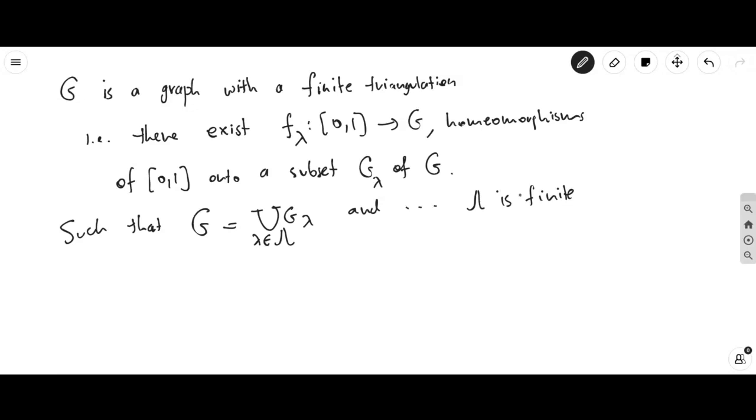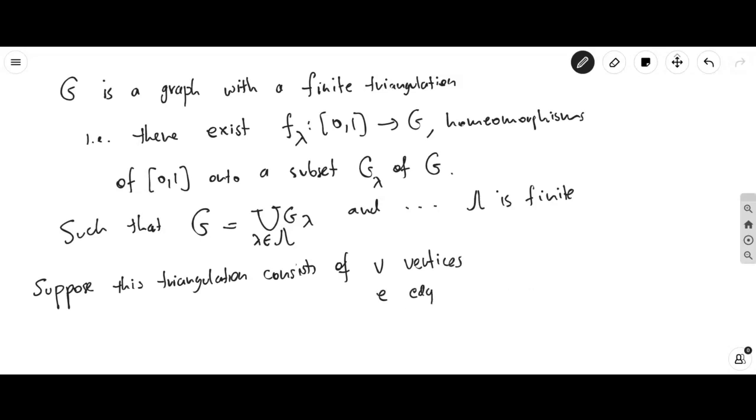So this is what we call a triangulation. So suppose this triangulation consists of V vertices and E edges.